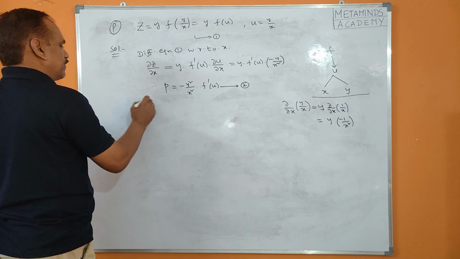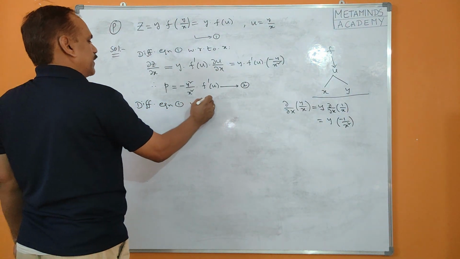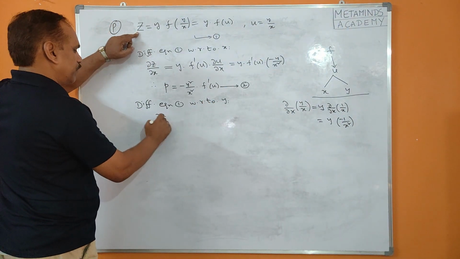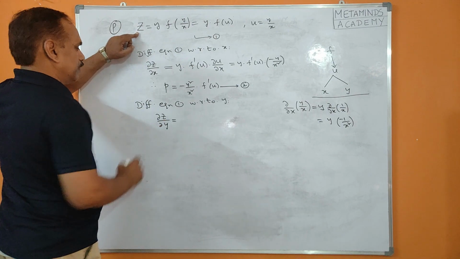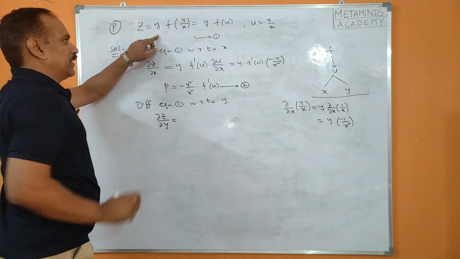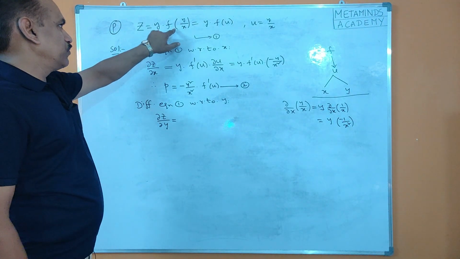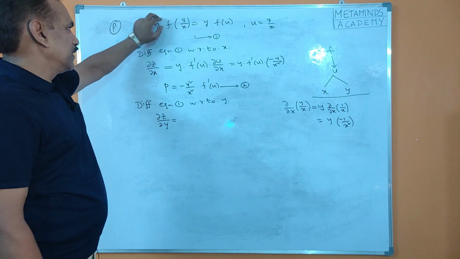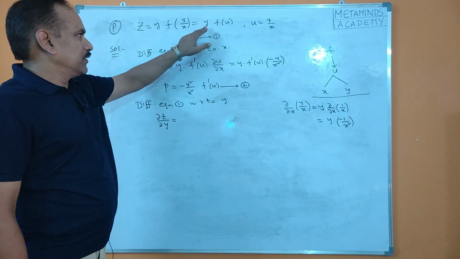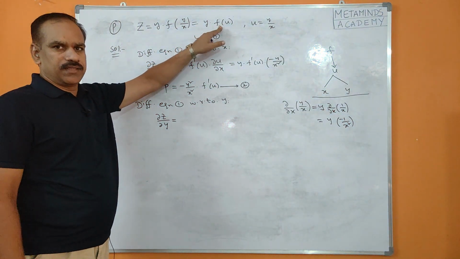Now differentiate equation 1 with respect to y. It is dou z by dou y equal to, now we are differentiating with respect to y, right? And this is the product of two functions. One function is y, another function is f of u, and both the functions have y, right?